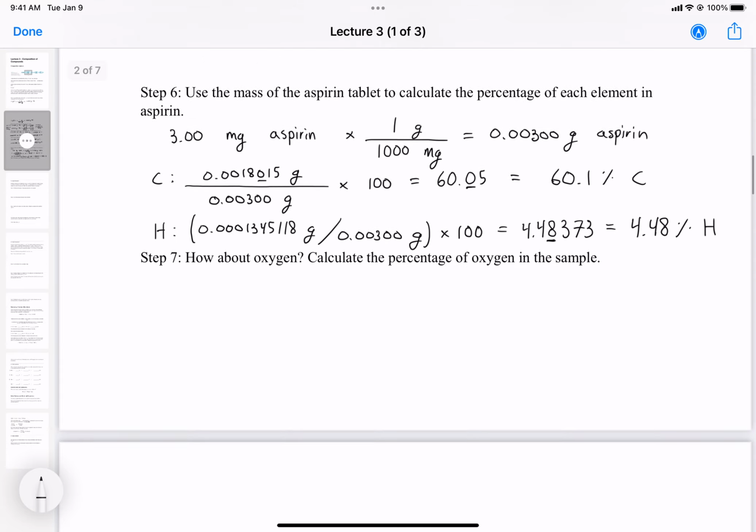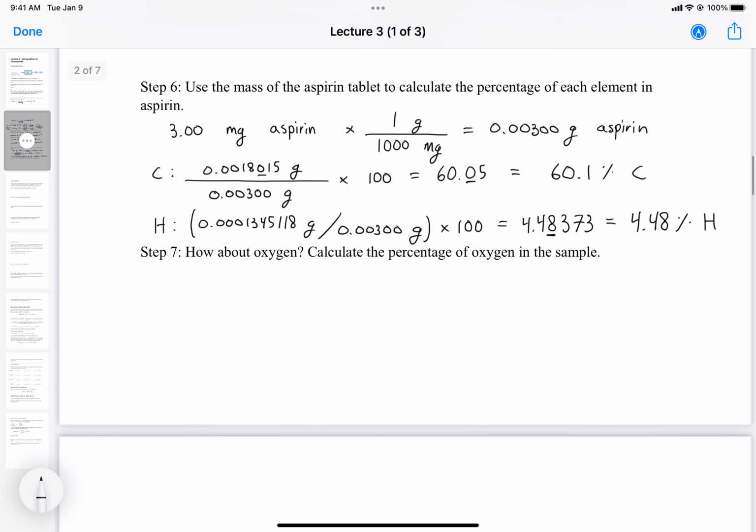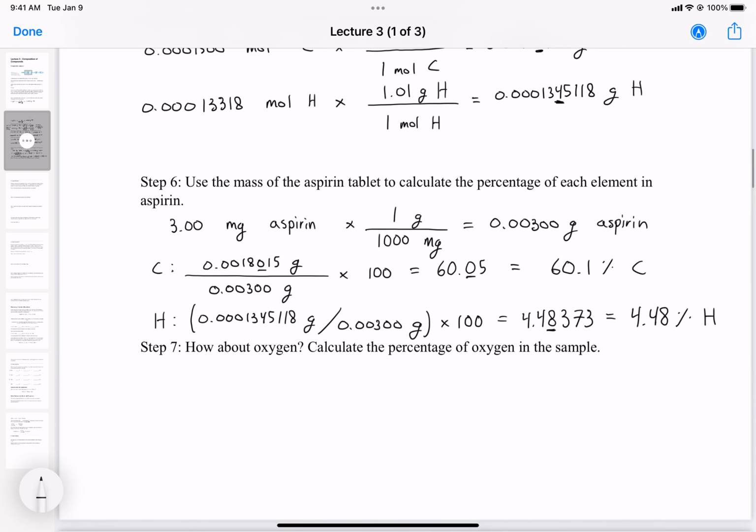So the way we do it is we take our masses here. So let's combine our masses. So we take the mass of aspirin minus the mass of carbon plus the mass of hydrogen.